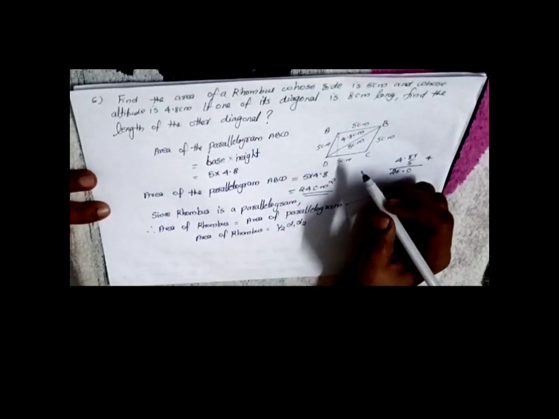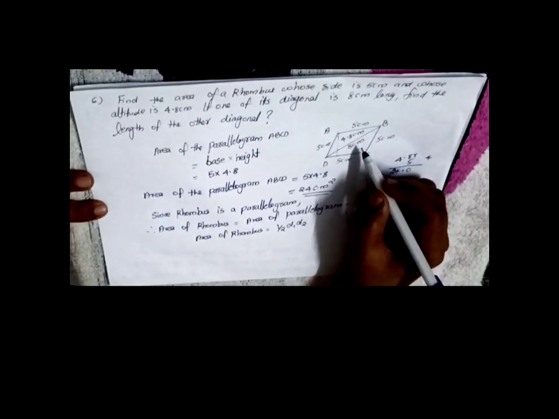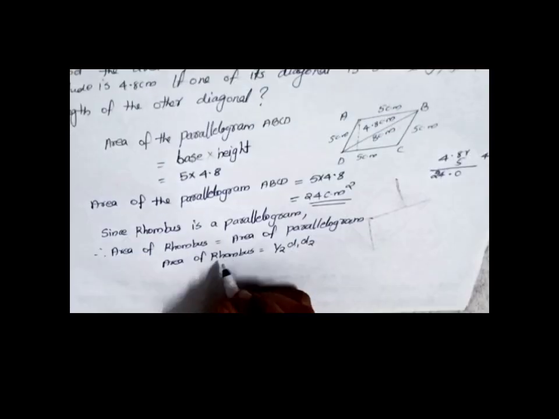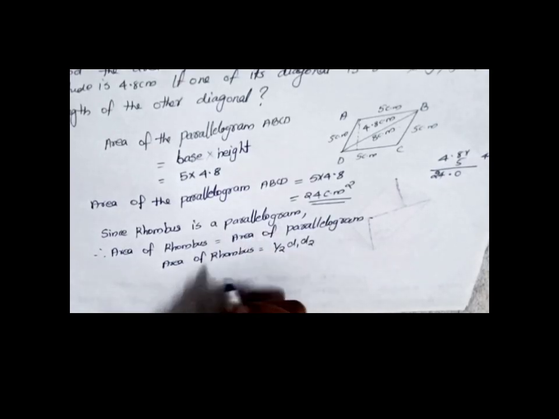Here d1 is given, 8 centimeter. We have to find out the other diagonal. Area of the rhombus is also equal to area of the parallelogram. Here the parallelogram area is 24 centimeter square. Therefore the area of the rhombus is also 24. That is equal to half into d1, which is given as 8, into d2.